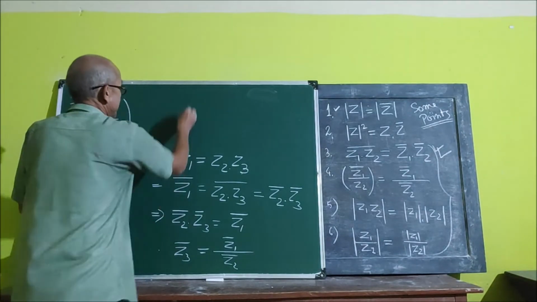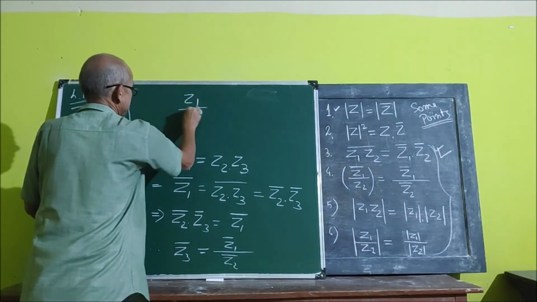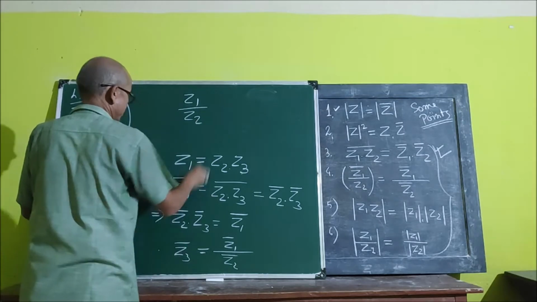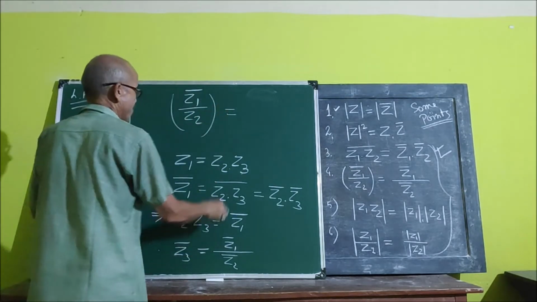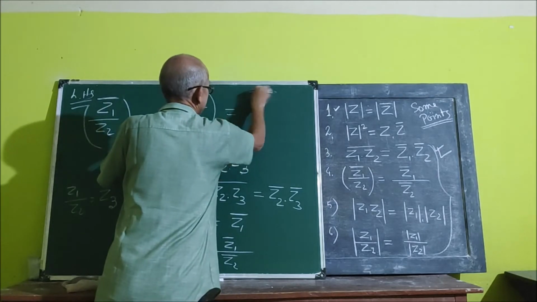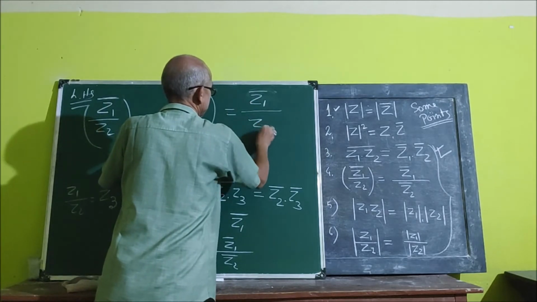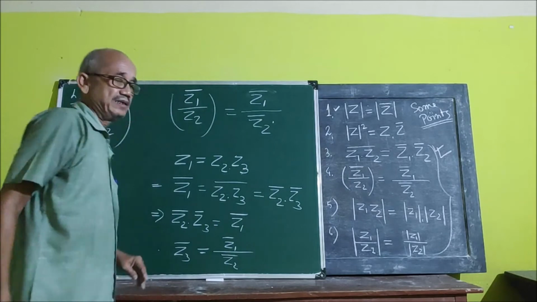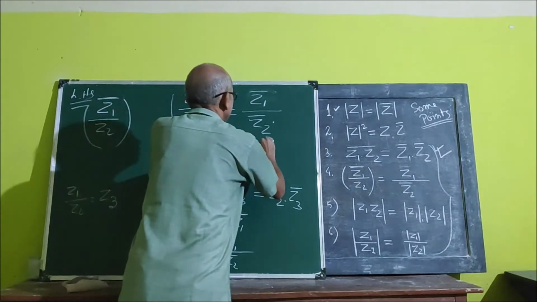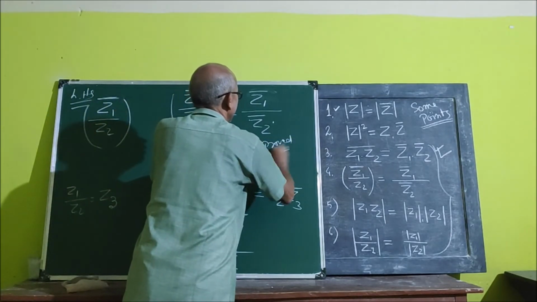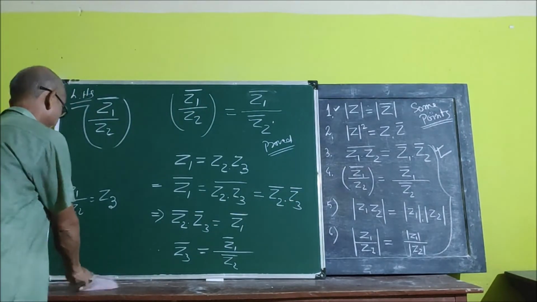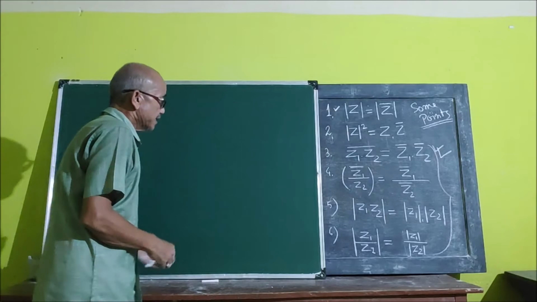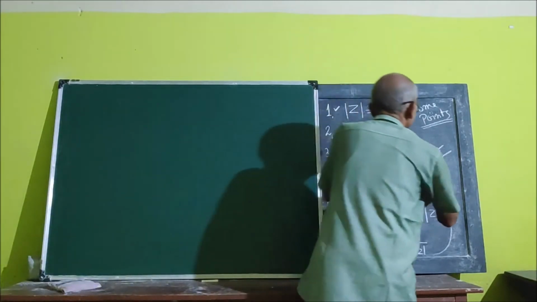The conjugate of Z1 by Z2 is Z1 conjugate by Z2 conjugate. This is also proved.